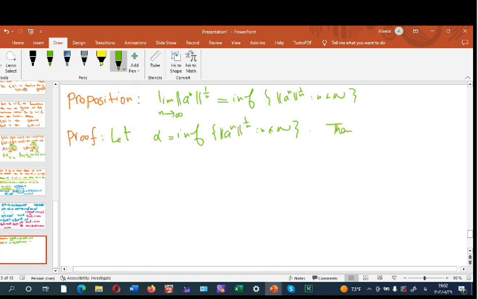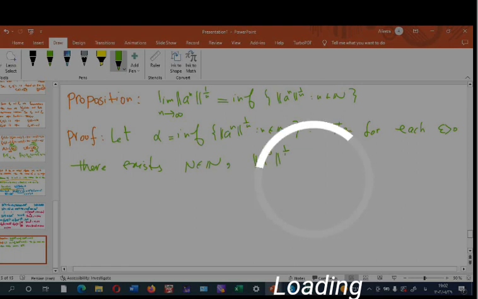Then for each positive epsilon, we must have an element of this set, that is, there exists a natural number N such that this is less than alpha plus epsilon.